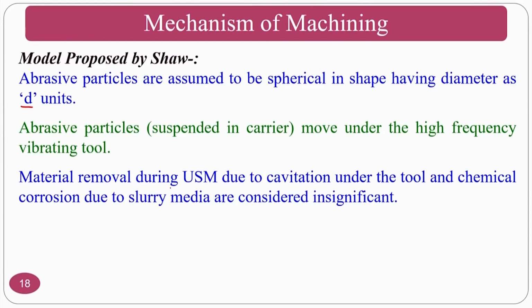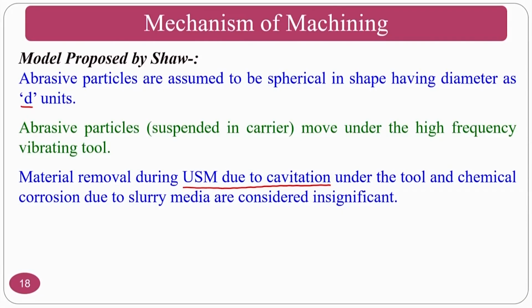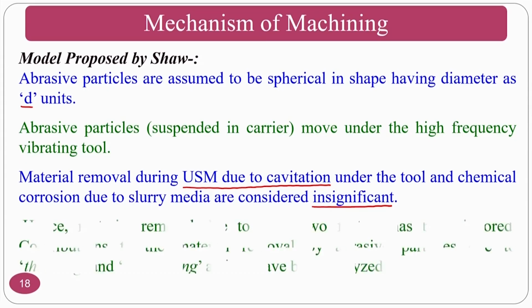Material removal during ultrasonic machining due to cavitation under the tool, and chemical erosion due to the slurry, are considered insignificant. That means that this type of mechanism is also there, cavitation as well as chemical erosion and other things, but those are all considered insignificant. That means that the material removal is taken care of purely by the mechanical action of the abrasive particles.